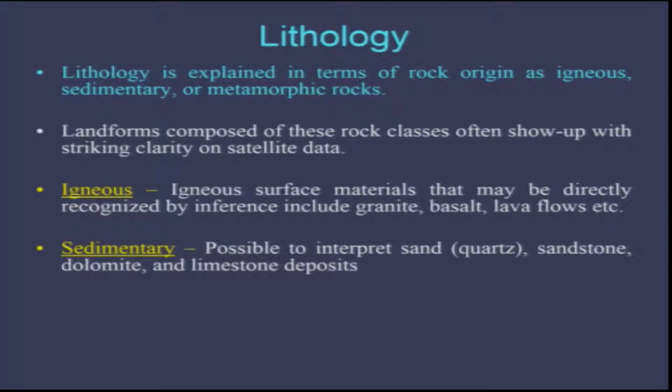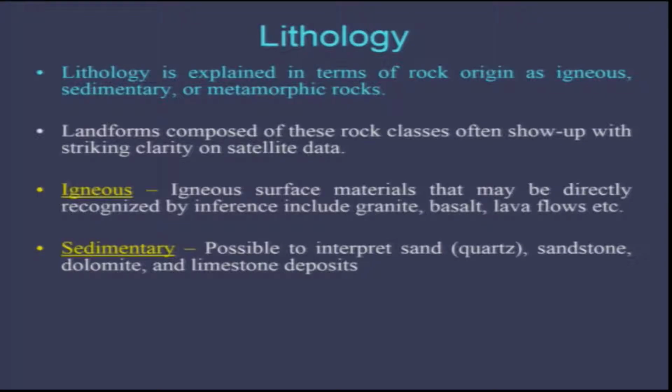Sedimentary, coming to that, it is possible to interpret sand, that is quartz, sandstone, dolomite and limestone deposits. If you have a sandy deposit, you will be able to pick it up based on the tonal variations, and in the previous case also, based on the tonal variations you can differentiate between granitic and basaltic terrains, because the reflectance and the tones on the satellite data will be very demarcating.